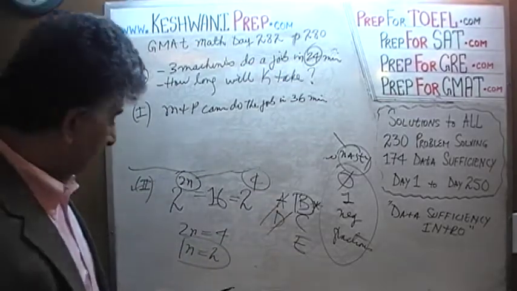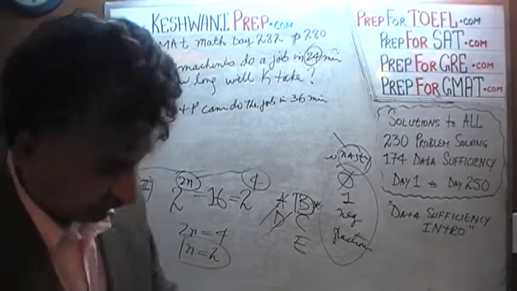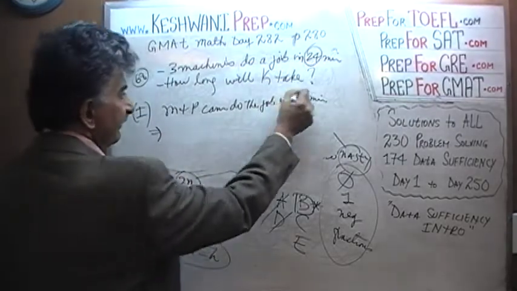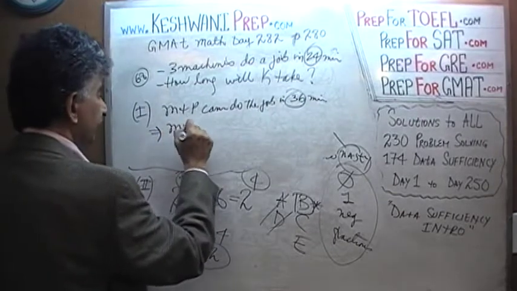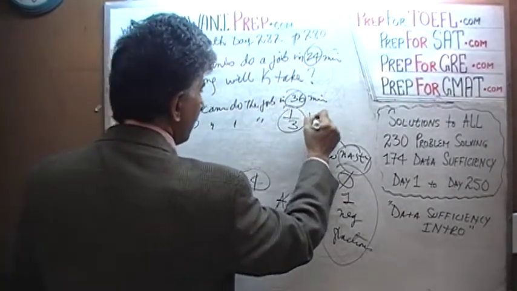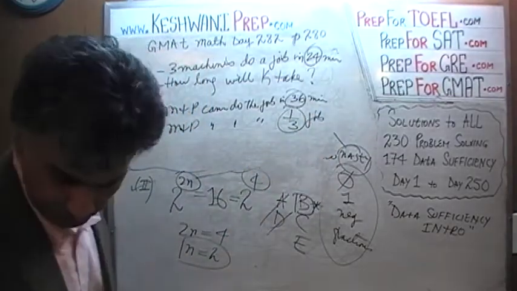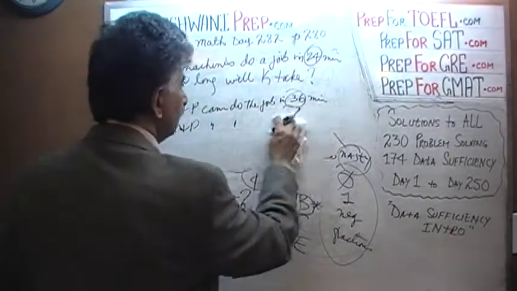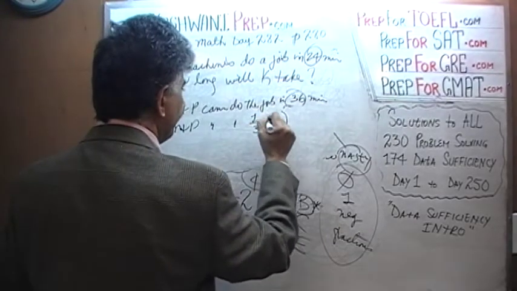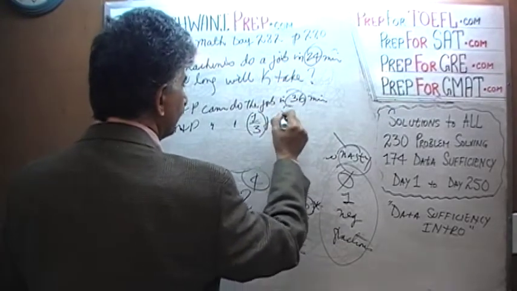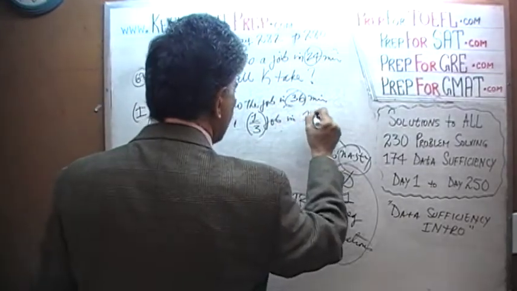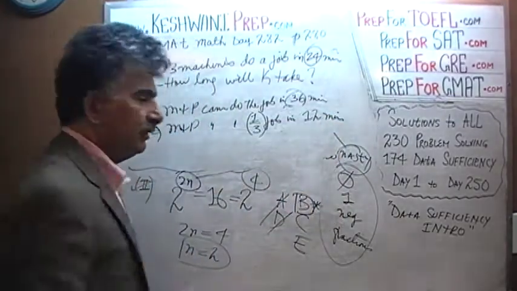What that implies is that in 12 minutes, M and P can definitely do 1/3 of the job in 12 minutes. Why not?